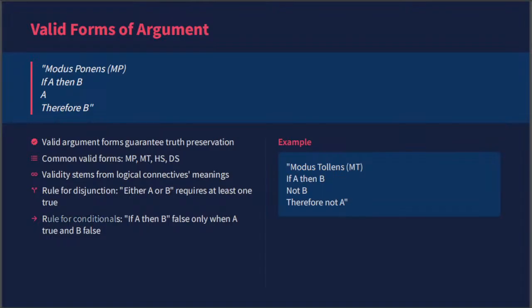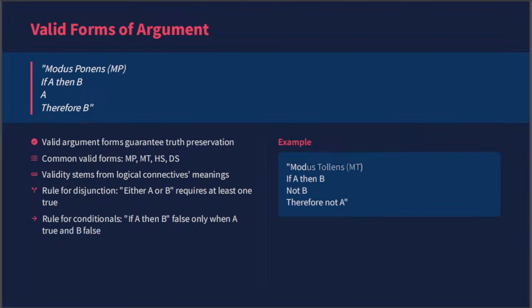The rule for conditionals, if A, then B, is false only when A is true and B is false. You see this. A disjunction with or requires only one to be true. And for conditionals, if A then B is false only when A is true and B is false.